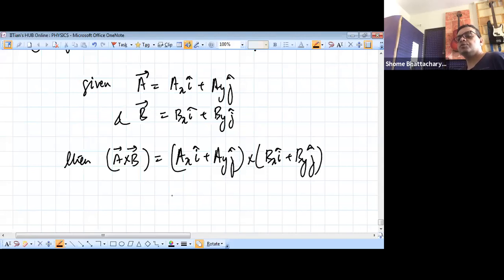So next, when you open this whole thing using distributive property, so take the scalar quantities outside, i cross i. The first term, cross product with the first term here will give you i cross i. So that is nothing but 0. Then you have Ax By, but i cross j. So that will give you your k cap.